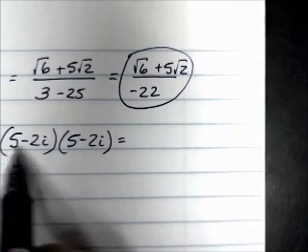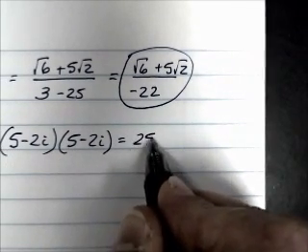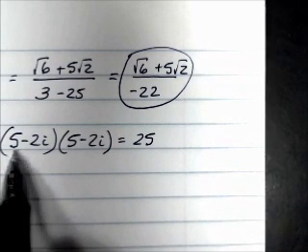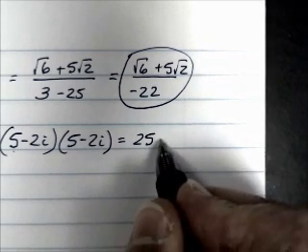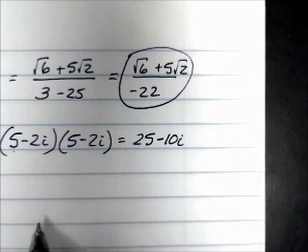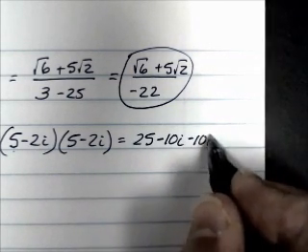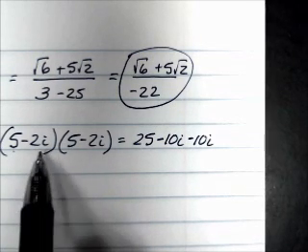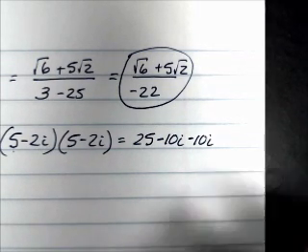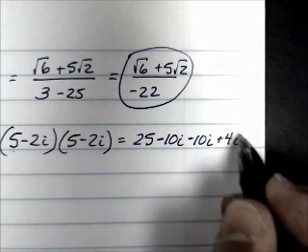Product of the first terms, 5 times 5 is 25. Outside, 5 times negative 2i is negative 10i. Inside, negative 2i times 5 is negative 10i. And the last, negative 2i times negative 2i is positive 4i squared.